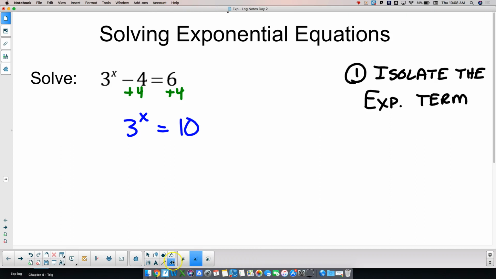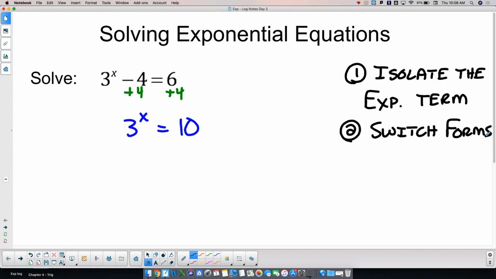Step number 2 says that I am going to switch forms. Since I'm in exponential form, it will look like, oops, I don't need that to be a D, I need that to be a B. That needs to be the base to an exponent equals some number.